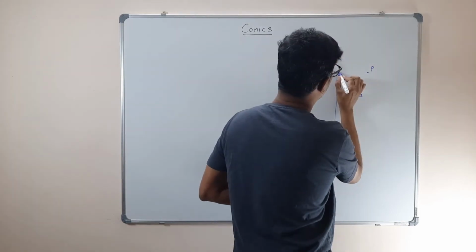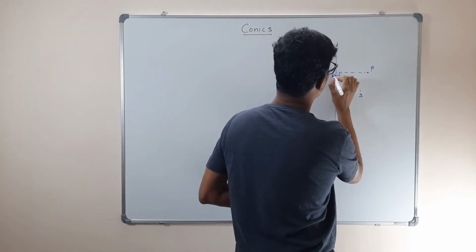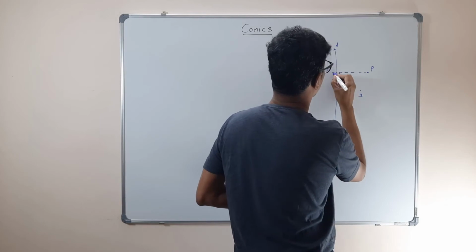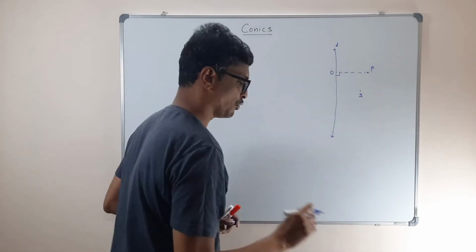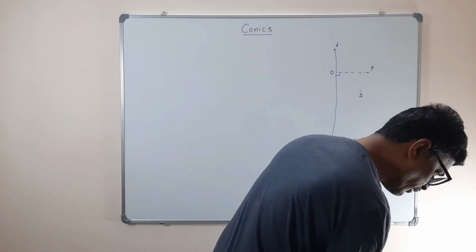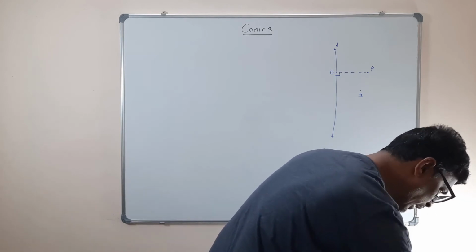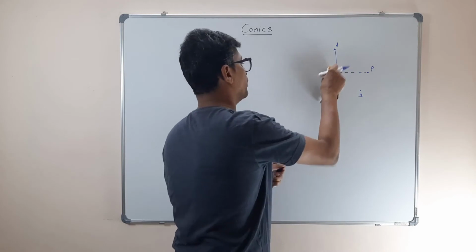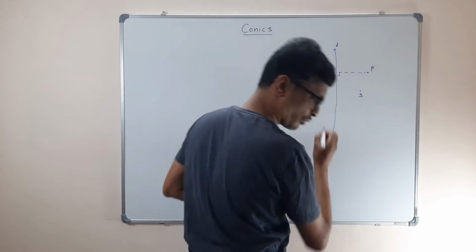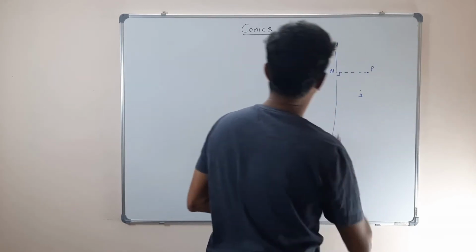Okay, so let the distance between this point and the line be, let us call it M. They are using O for the axis, so let us do it as M. M, P and S.